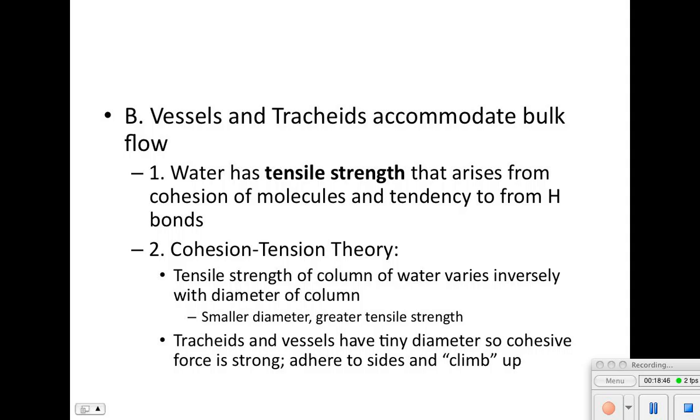So the smaller the diameter, in this case the diameter of the vessel or the tracheid, the greater the tensile strength. And you may remember from biology, the capillary lab. I think we did paper clips in a cup, and then we did capillary tubes. And you notice that the diameter of the tubes were various sizes. And the one with the smallest diameter had water travel the furthest in it because of this greater tensile strength.